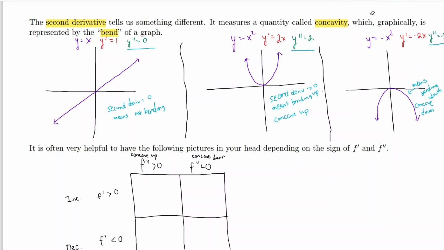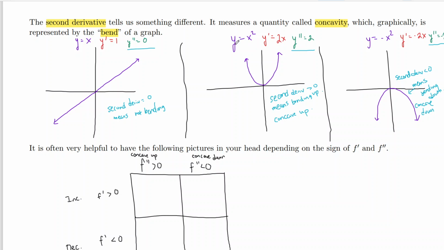My apologies. It's on my screen, but now I can see from where it's recording, it's not actually on the recorded part. So the second derivative less than 0 means it's bending down, and the second derivative is just equal to -2. So that's just a -2 there. But you can compute that yourself. The derivative of -2x is just -2.